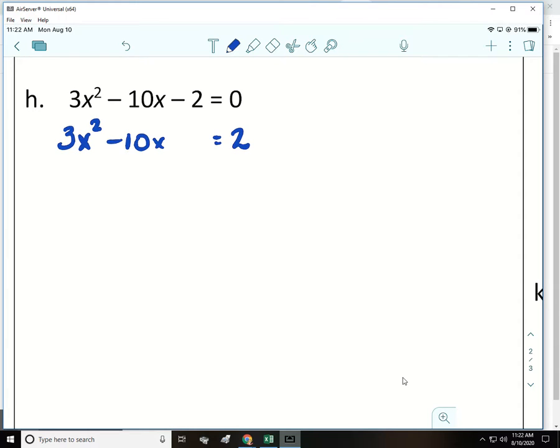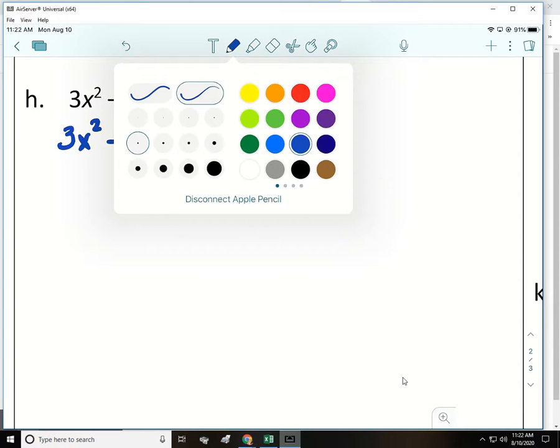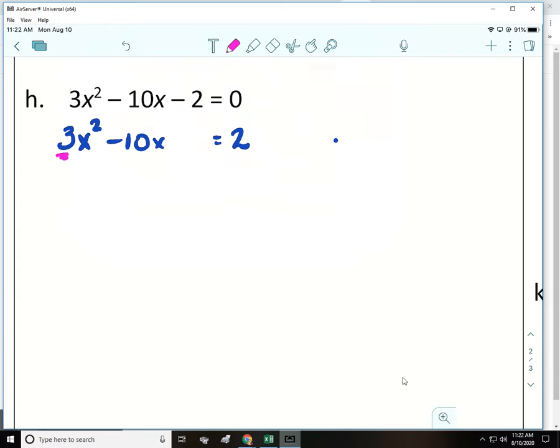But the difference on this one is that 3. We can't have a 3 in front of the x squared and have it be a perfect square trinomial. Right? There's nothing perfect about 3. Because this one has a coefficient for the x squared, we are going to have to divide by that coefficient.